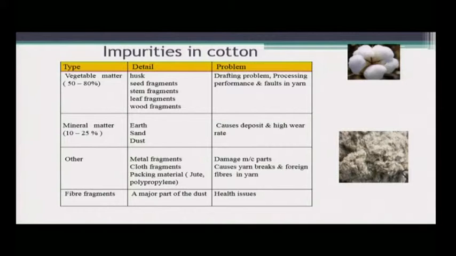Their presence leads to problems in drafting. Processing performance gets affected, and it leads to fault generation in the yarn. These are the problems with these impurities, and the amount is 50 to 80%.